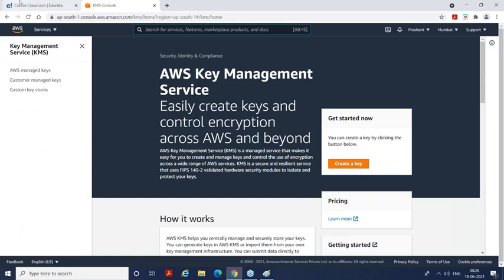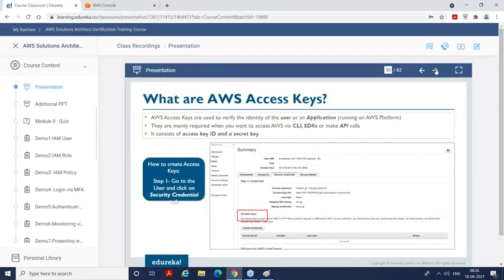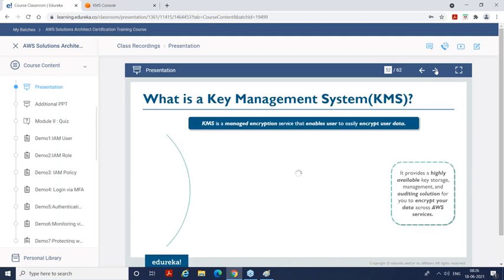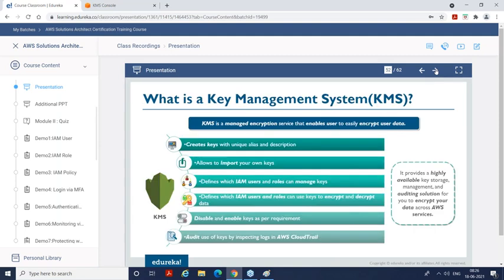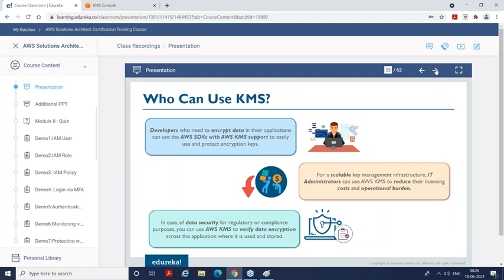Guys, if you go to your slides, you will not find all this information that I'm talking about. The slides are very basic, but I know you need to have this information, so I'm trying to go into detail on this subject. Please pay attention, please try to understand. You'll not find this detailed information in your slides.